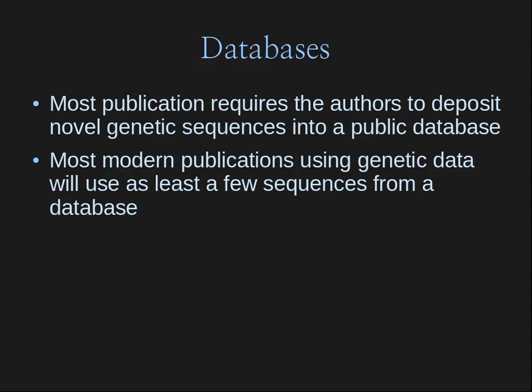Most modern publications using genetic data will almost always use at least some sequences that they did not sequence themselves. They've used data from a public repository, because we have so much sequence data out there. We are sequencing so much all of the time. It's really rare for a comparison sequence that you want to compare your sequences to to not be publicly available. In fact, it's kind of weird when it isn't.